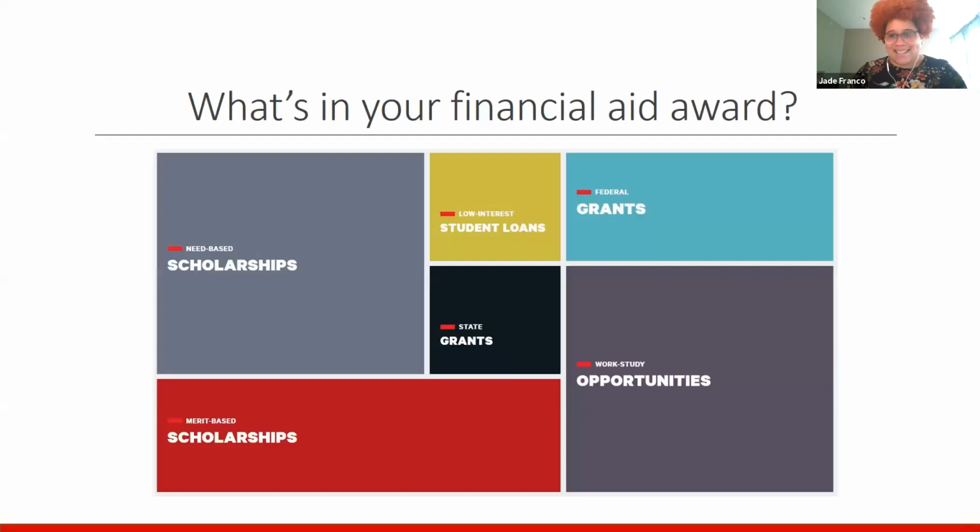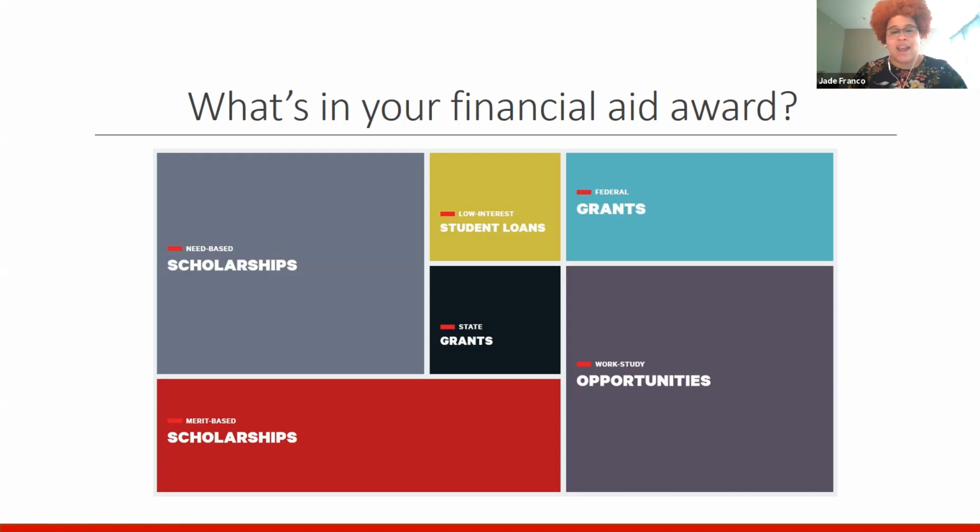So what is a financial aid offer? Financial aid consists of multiple parts. It is one part scholarship offers for either need-based aid or merit-based aid. Student loans are a form of financial aid, and that is part of the formula.